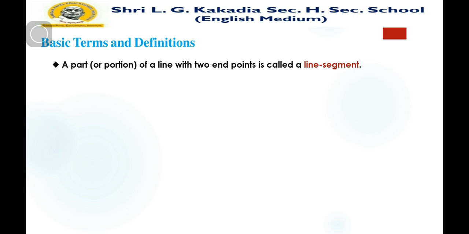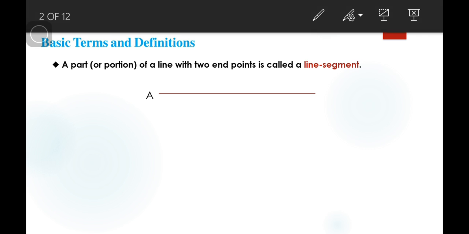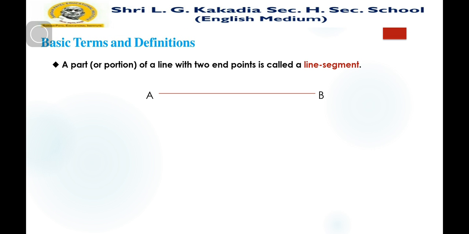This part is known as a line segment. As you can see, such a line with two endpoints A and B, such a part of a line with two endpoints is known as a line segment.